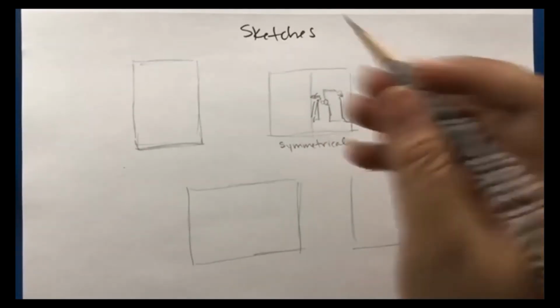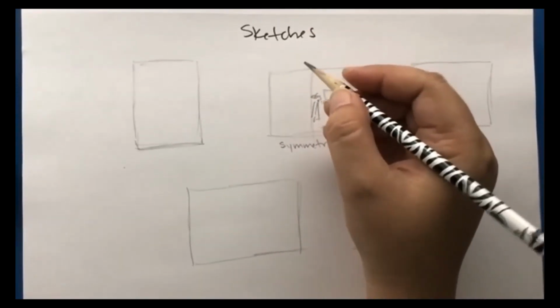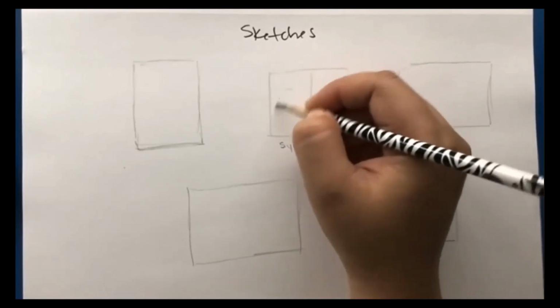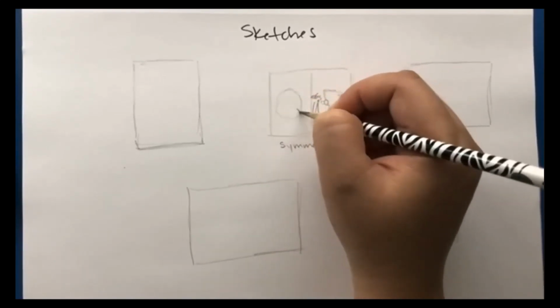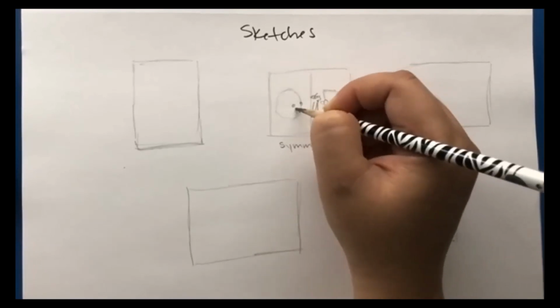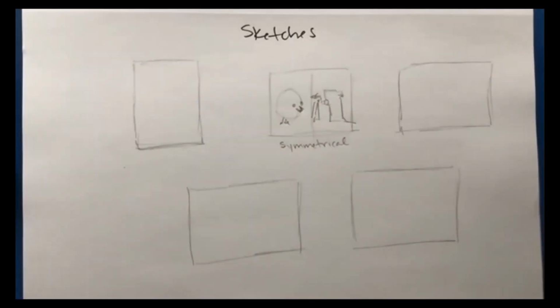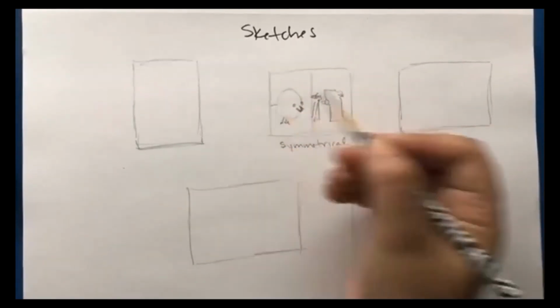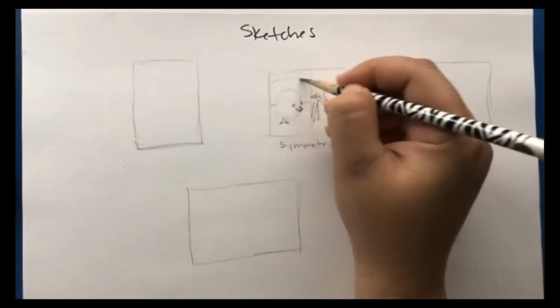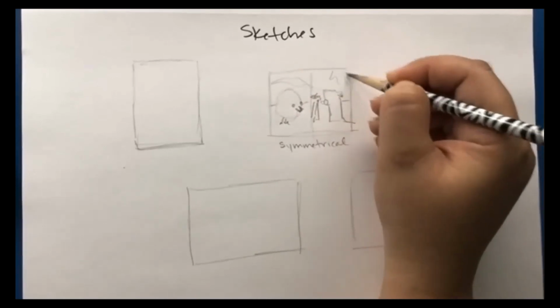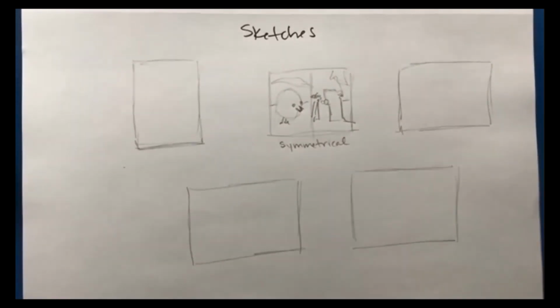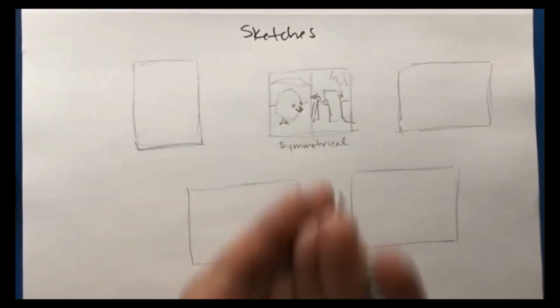Okay, and then on this side I have that really fat looking bird here. And then whatever my landscape is in the background. So maybe some trees or something, right? So this is just a really rough sketch.